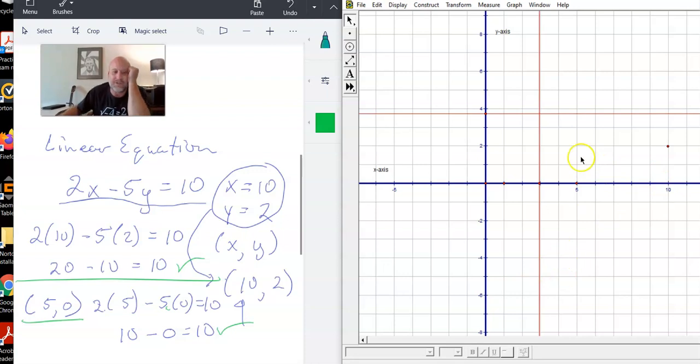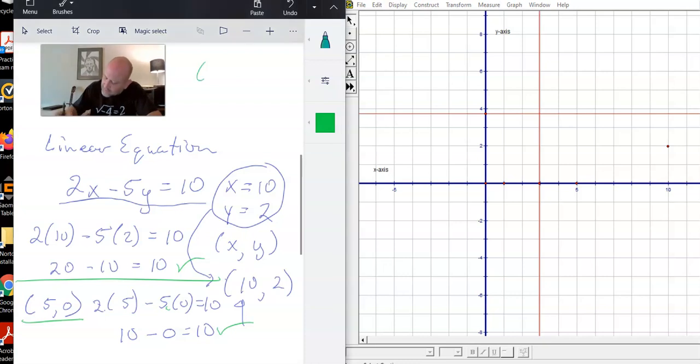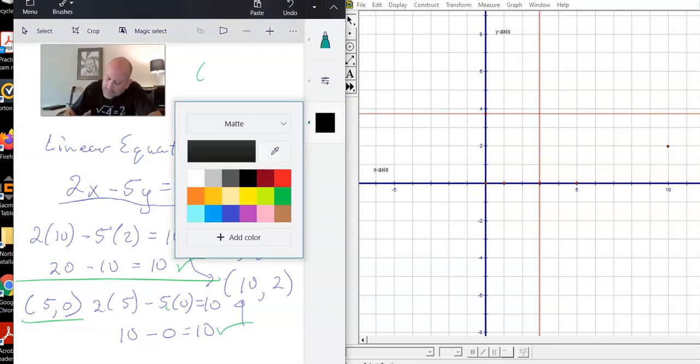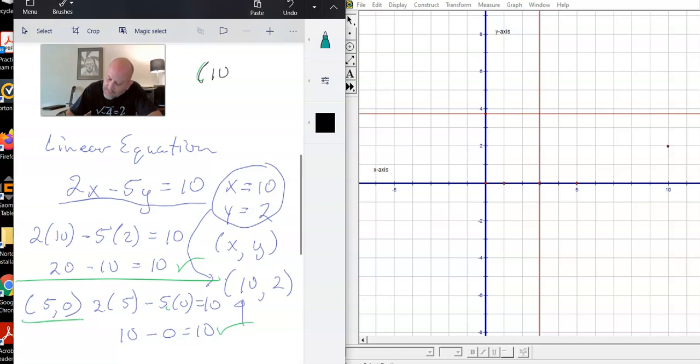Now, here's what's interesting about this. I'm going to write this down before I lose this stuff. So we've had two solutions so far. Let me switch colors. We've had the point 10, 2. That's a solution. And then we have the point 5, 0, and we've marked that. That's a solution.